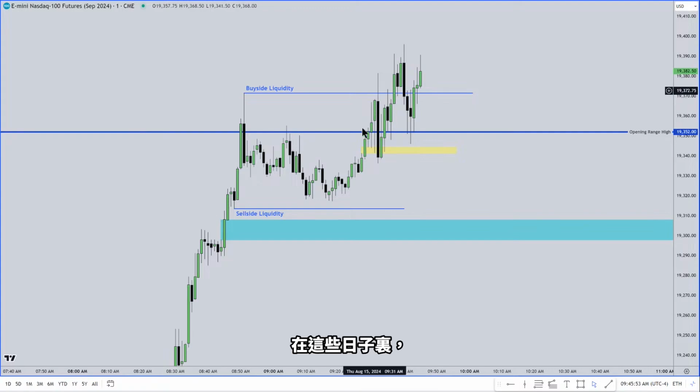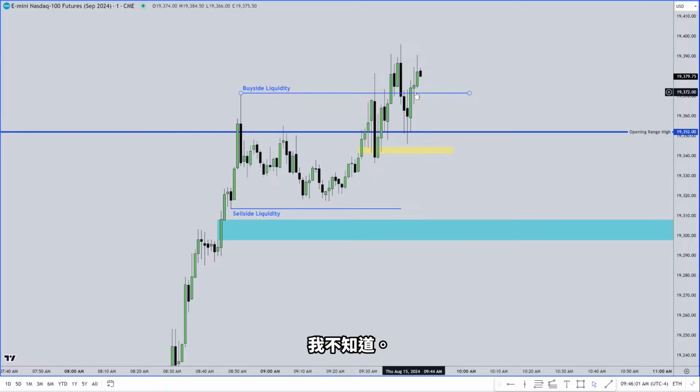So these types of days or these types of conditions in the early part of the session, you see people complain, oh, they're chopping me up. I keep getting stopped out. I don't know, the chop is really messing me up. You have to learn to wait. There's nothing going on. Just because we annotate the gaps and the runs where it could reach to, that's not your trade setup.